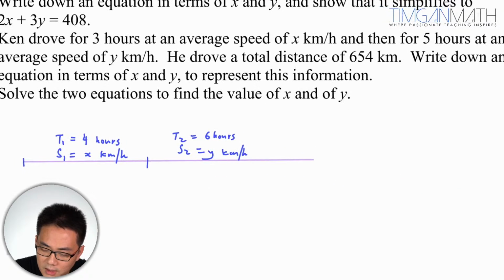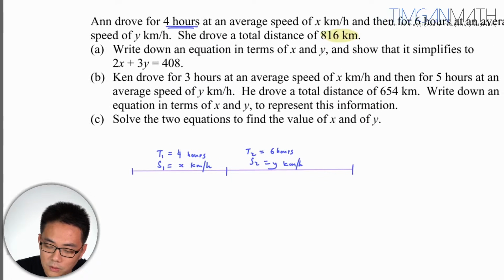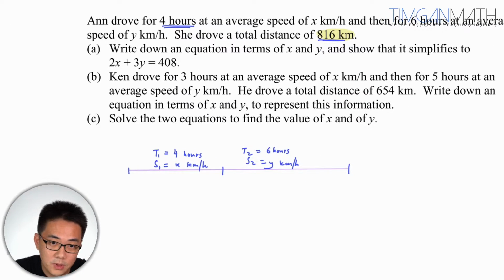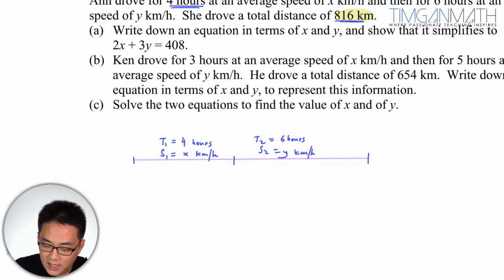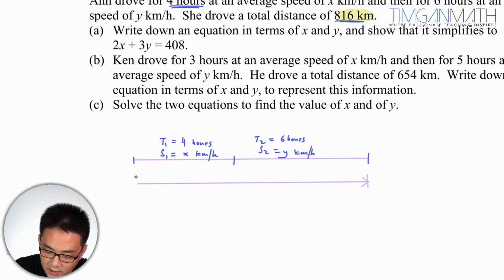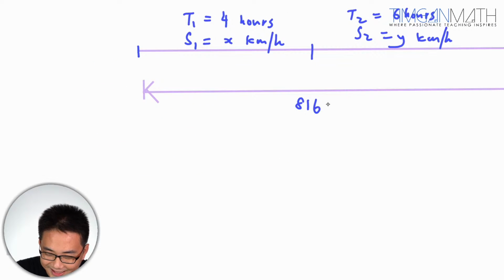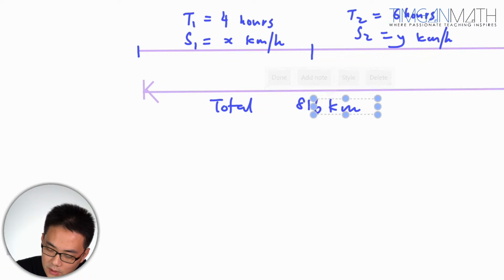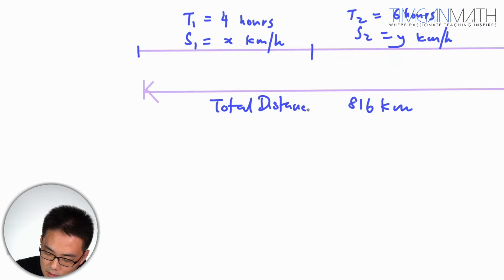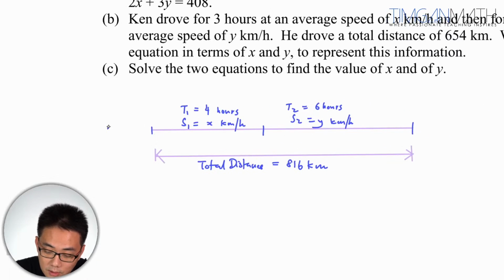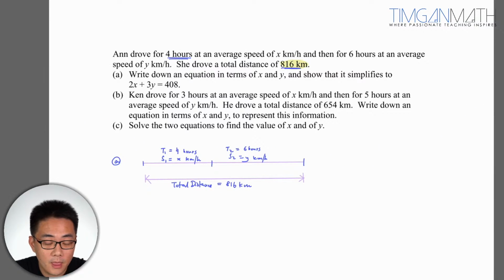Now you're told that the total distance is 816 km. If you draw this diagram, this total length is 816 km, the total distance. This taps on the basic concepts of speed and time.